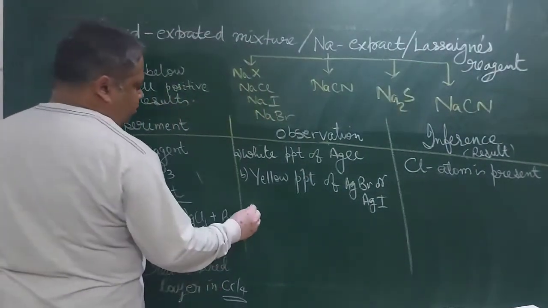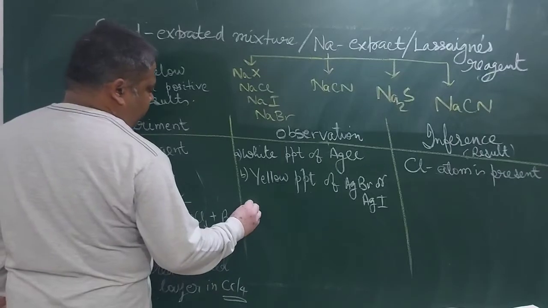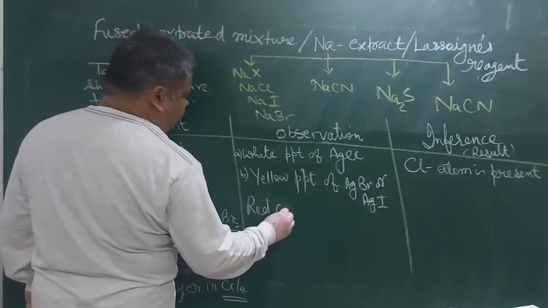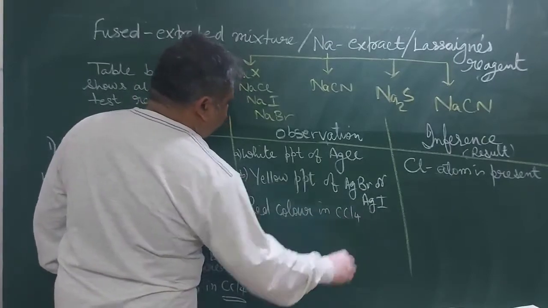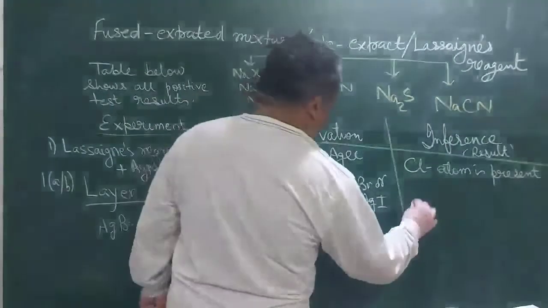So if it shows red color in CCl4, that means bromine atom is present.